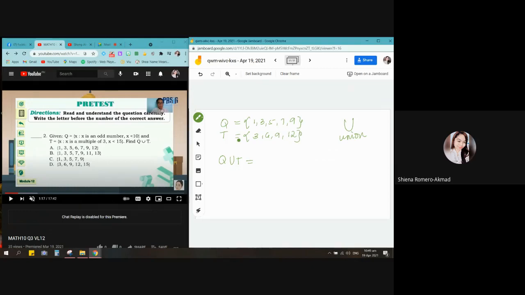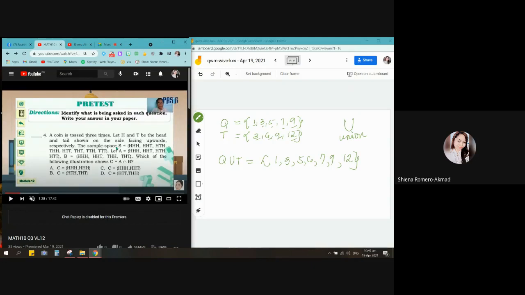So kapag kinombine or sinama natin all the elements in both events, we have 1, 3, 5, 6, 7, 9, and 12. So what will be our answer here? Anong letter? A. Letter A. Correct.